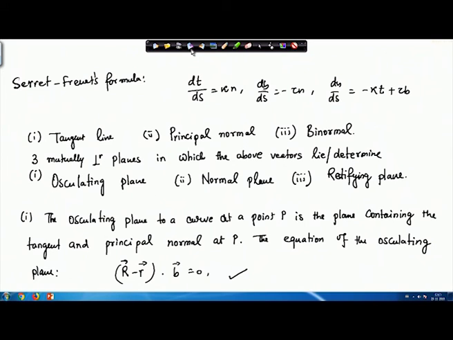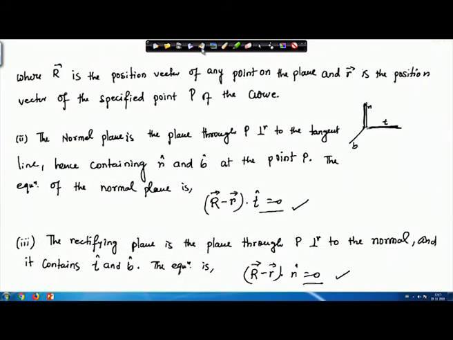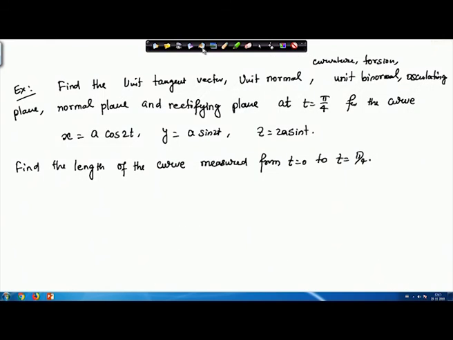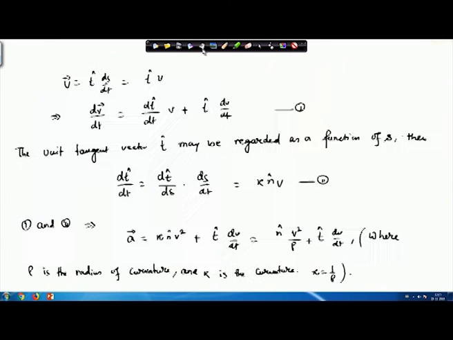That means the acceleration vector is perpendicular to b, because if we take the dot product with b, then n dot b will be 0 and t dot b will be 0, and on the left hand side we will have a dot b equals 0.